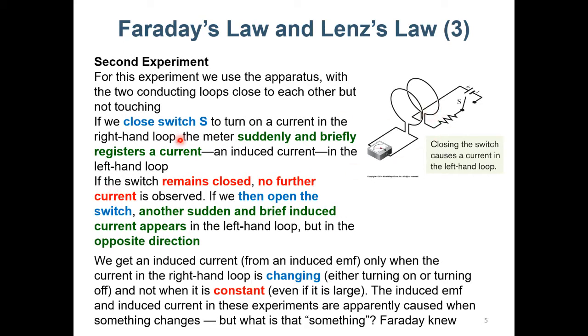This current only appears for a short moment. If the switch remains closed, no further current is observed. If we then open the switch, another sudden and brief induced current appears in the left-hand loop, but in the opposite direction.